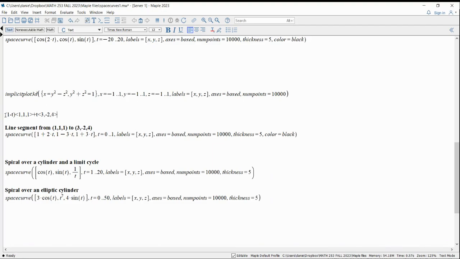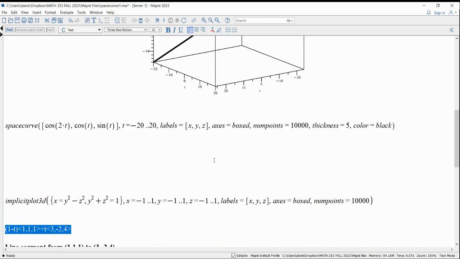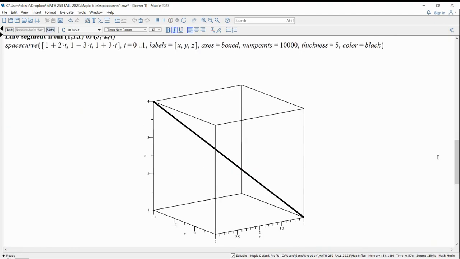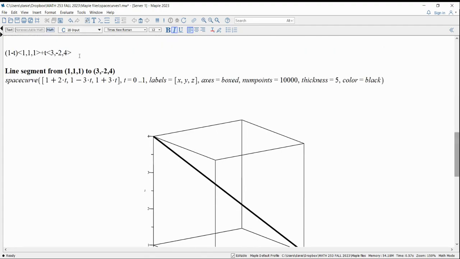And if I do the scalar multiplication and simplify this a little bit, you end up with the components 1 plus 2t, 1 minus 3t, 1 plus 3t. Again, a line, with the only difference that it starts precisely at the starting point 1, 1, 1 and ends at 3, minus 2, 4.